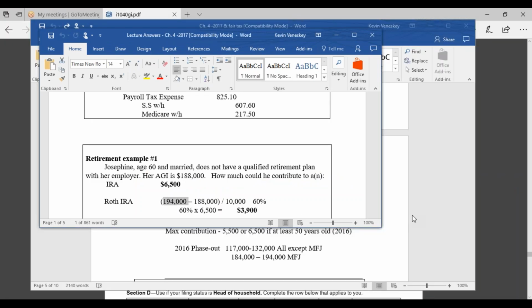Do not rely on these screen notes that you see. 194 minus what her AGI is that I have listed for this year. That's a $6,000 difference. Now, when we look back to the phase out down here, that's only a $10,000 gap. 6,000 divided by 10 says we can only deduct 60%, or not deduct, but we can only contribute as a Roth IRA 60% of the normal. 60% of 6,500 is 3,900.